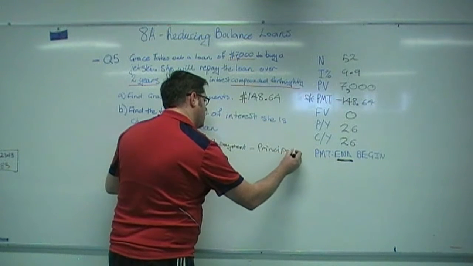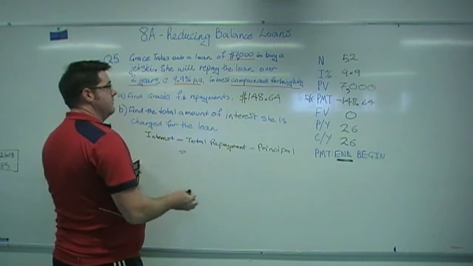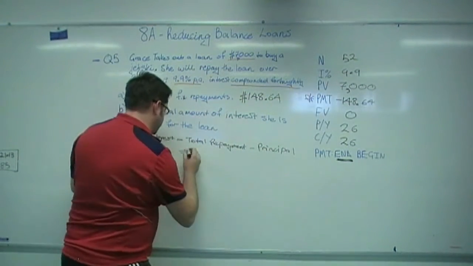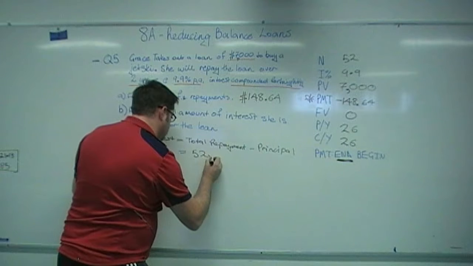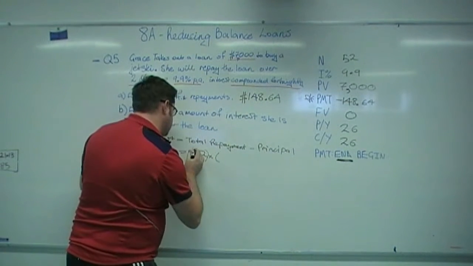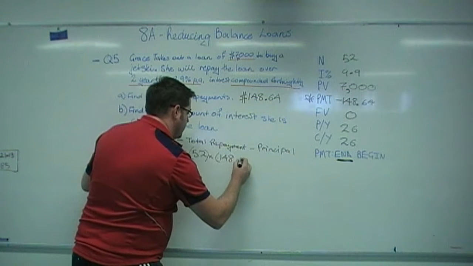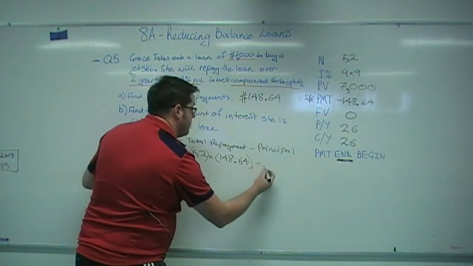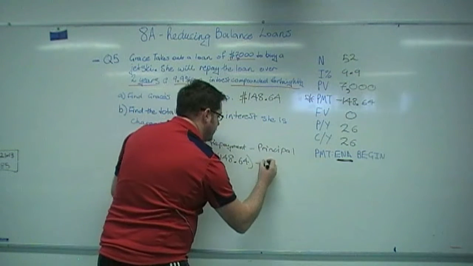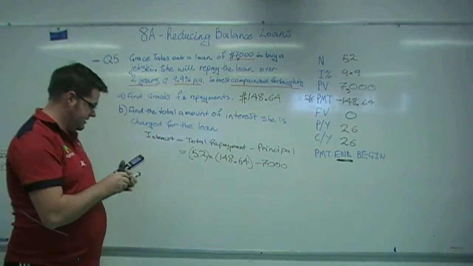the principal. We know that we're going to be making a number of payments: 52 times each repayment, which is $148.64, minus what we started with, which is $7,000. So we'll just stick that into our calculator.